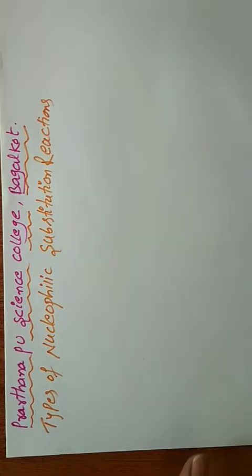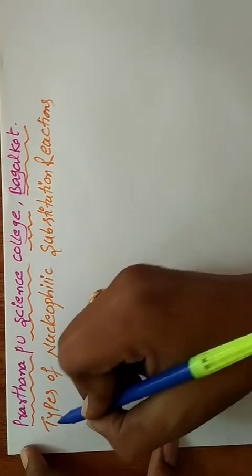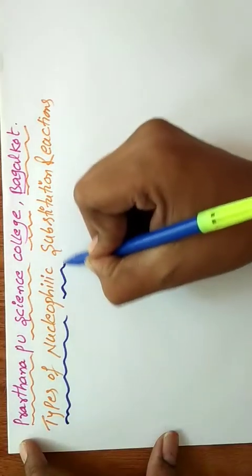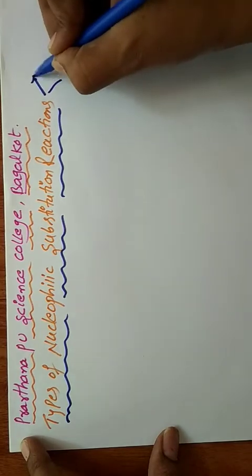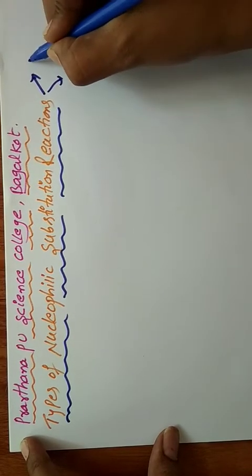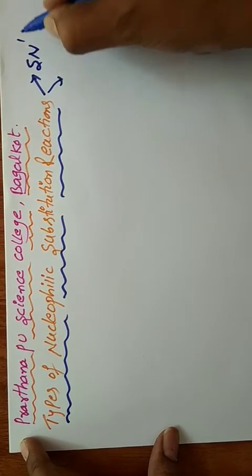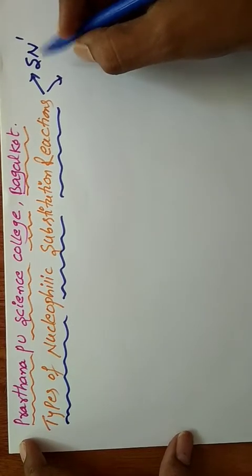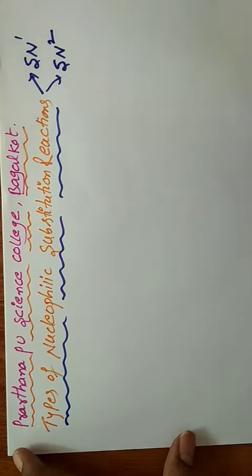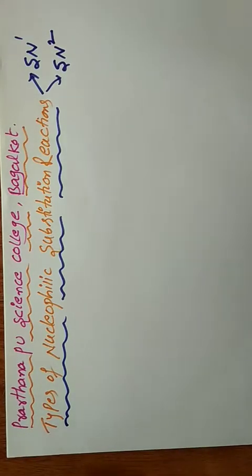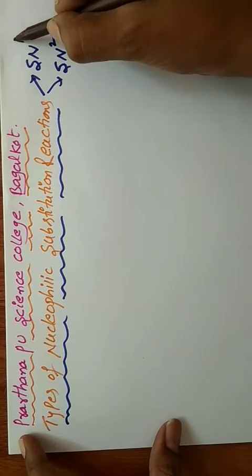Generally, two types of nucleophilic substitution reactions are there. The first one, SN1 type of reactions. Next, SN2 type of reactions. So firstly we discuss about the SN1.